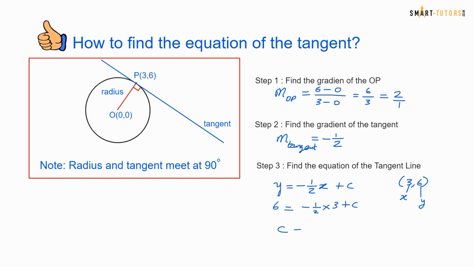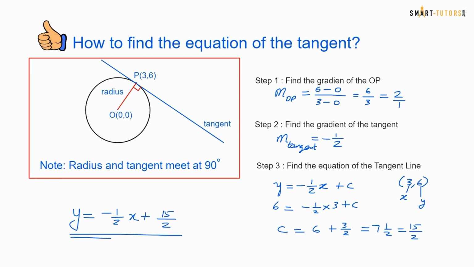So c equals 6 plus 3 over 2. 3 over 2 is 1.5, and 1.5 plus 6 is 7.5, so 15 over 2 is c. So the equation of the line is y equals minus half x plus 15 over 2. That is the equation of the tangent line.